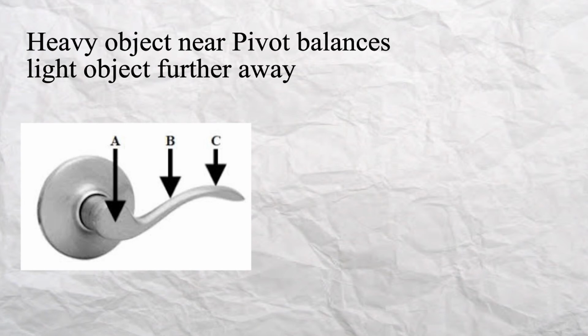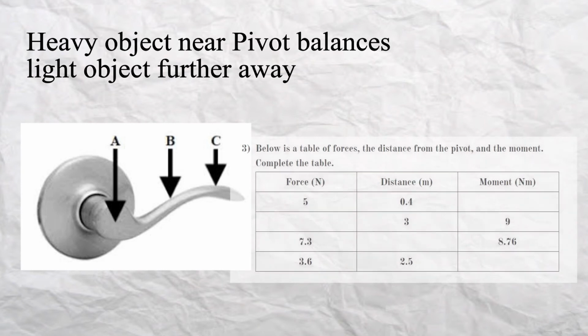Question 3 is a table question. Remember that the moment equals the force times the distance from the pivot. So in line 1, force times distance is 5 times 0.4, which is 2.0 or just 2 Newton meters. That's capital N, small m if you want the short unit. In line 2, we need force.